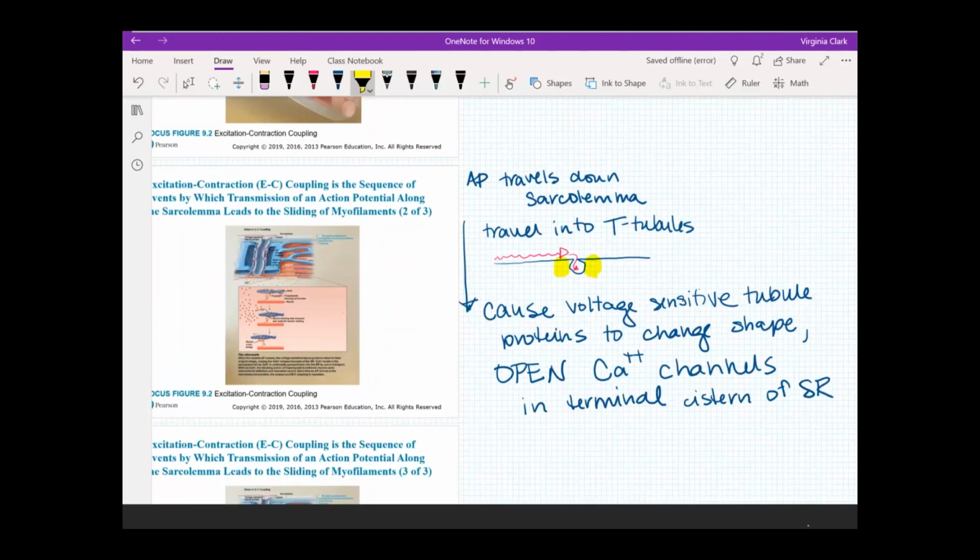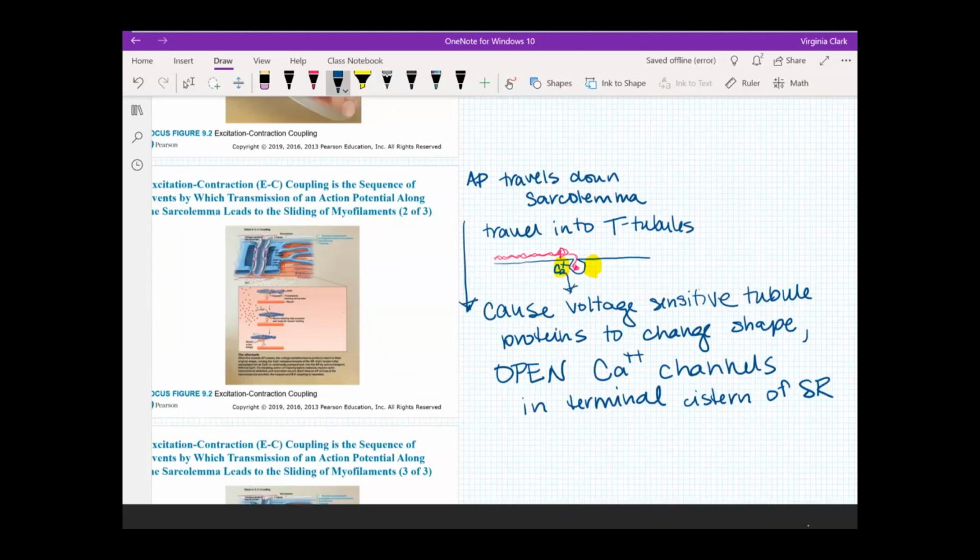This is a very heavy chapter. Our action potential has traveled down our sarcolemma. It travels into our T tubules. Inside our sarcoplasmic reticulum, we have calcium. As the change in voltage triggers our calcium channels to open, it will then cause our terminal cisterns to release our calcium.